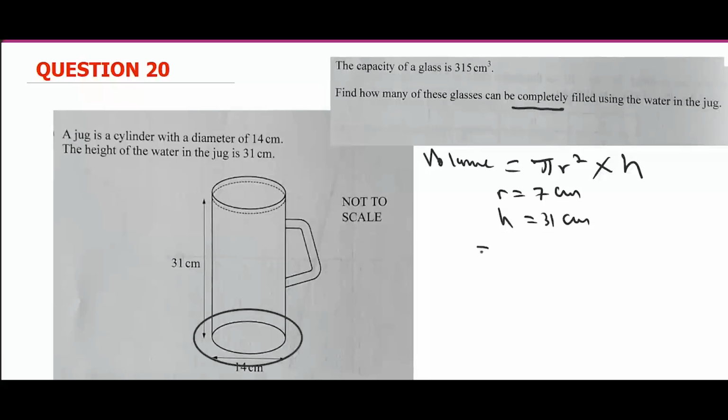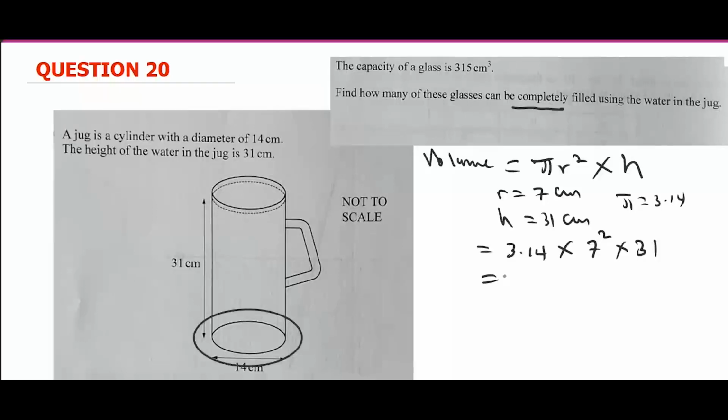So we can now get the volume by substituting the values. You know that pi is equal to 3.14. So if you substitute the values into the equation here, we will get 3.14 times 7 squared times 31 centimeters.